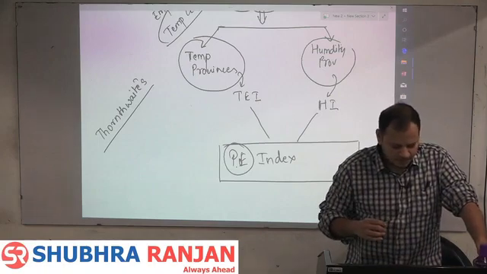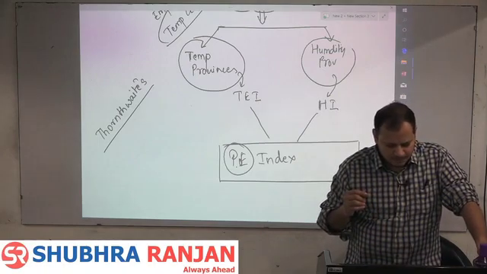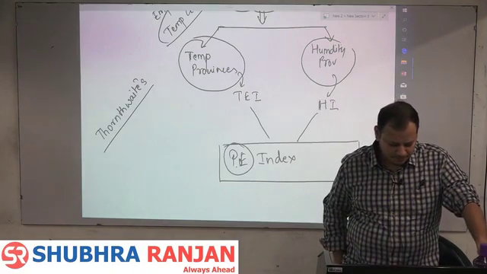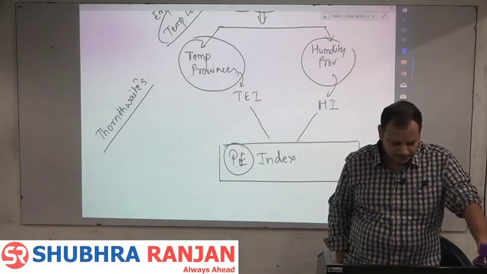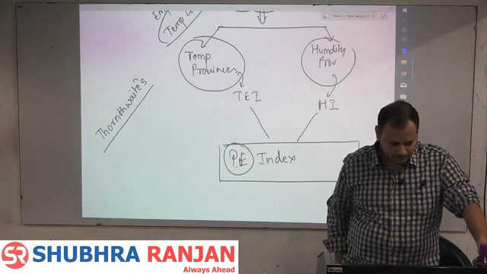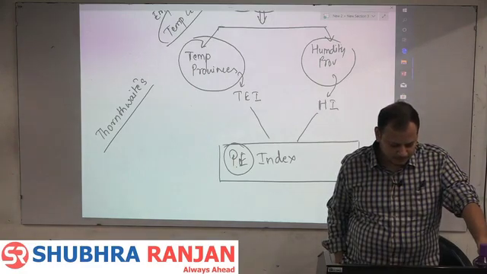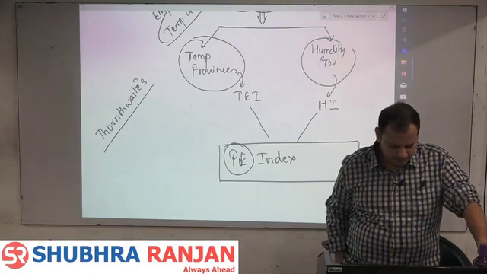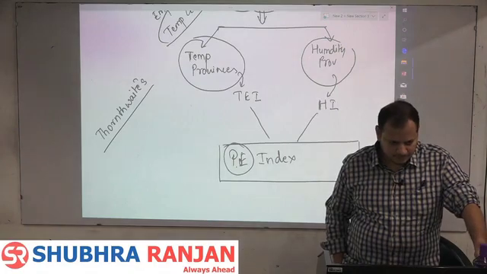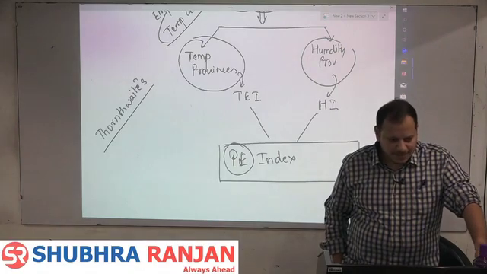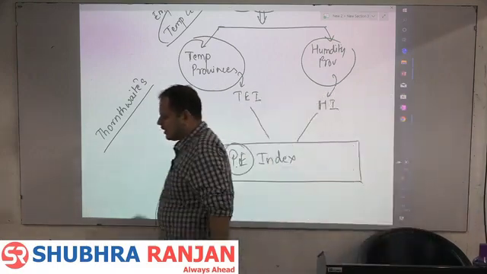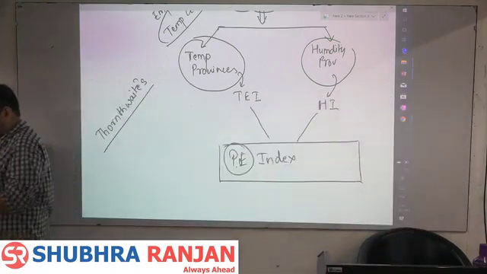Next. He presented the first classification in 1931, when he published the climatic map of North America.